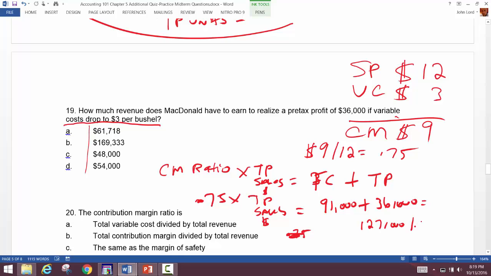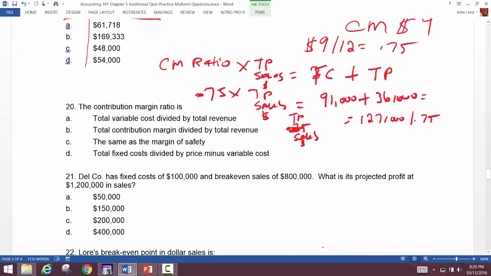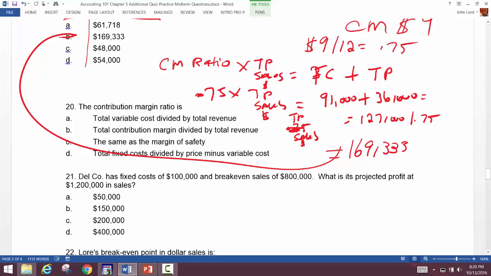Divided by what? 0.75? Going to equal my target profit sales dollars? Still with me? Okay, so my target profit sales dollars, just doing the math, got to be 169,333, whatever, close enough for government work. Okay.